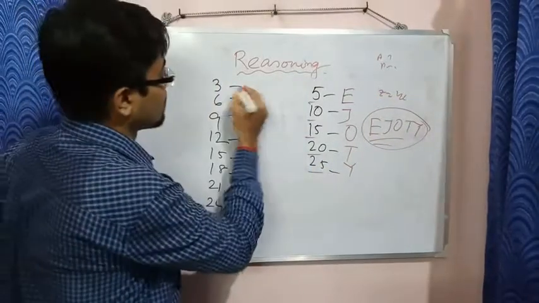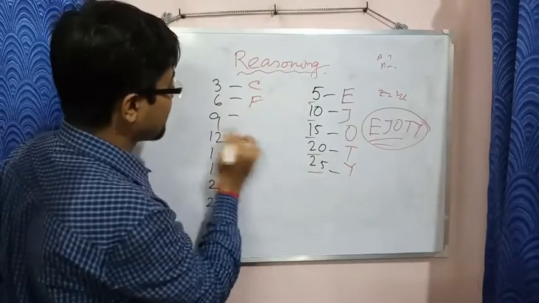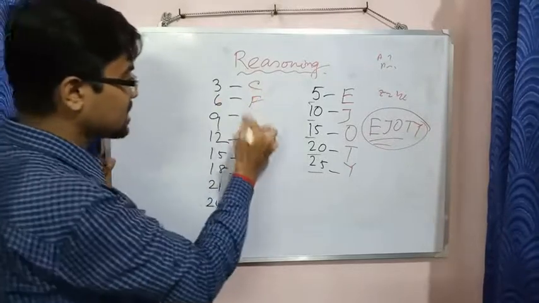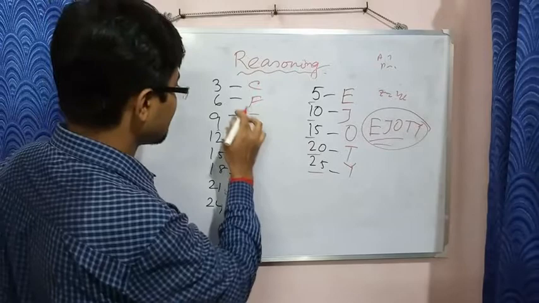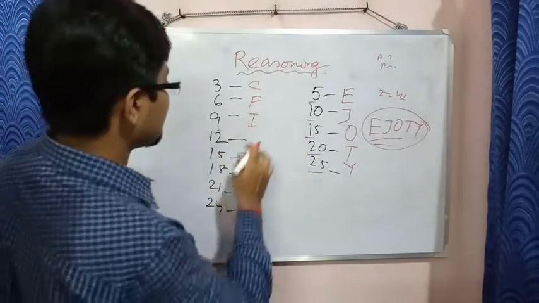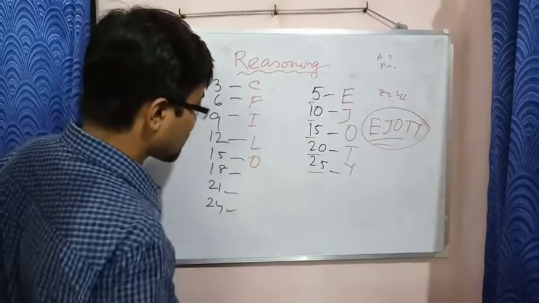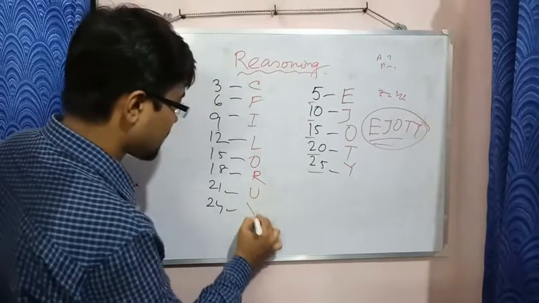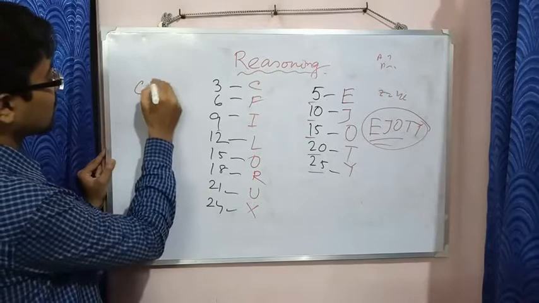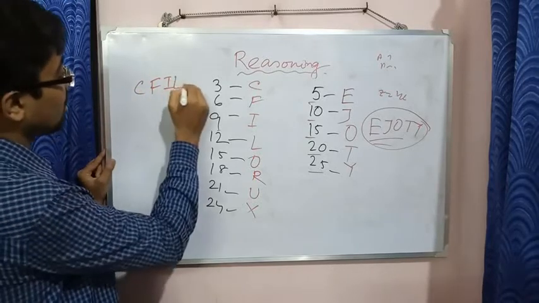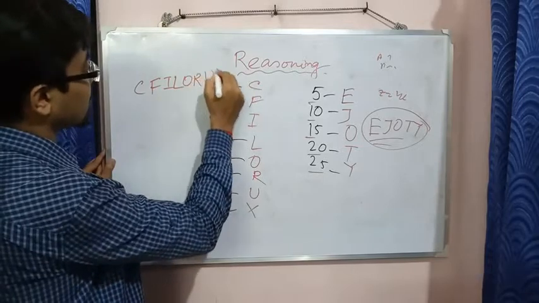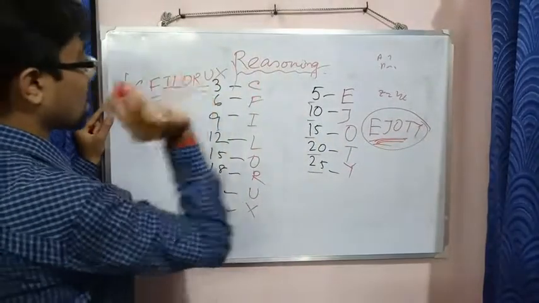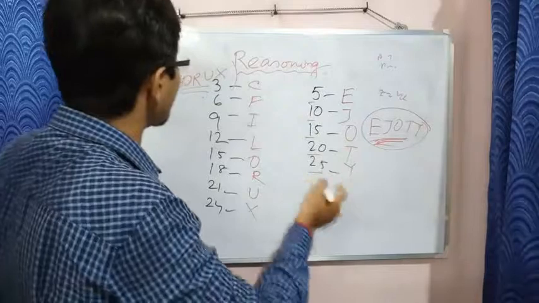And now here, 3, C, F, 9: just remember 3 is C, D, E, F, G, H, I, J, K, L, M, N, O, P, Q, R, S, T, U, V, W, X. So C, F, I, L, O, R, U, X. Just remember what I am saying: EJOTY, one word, and CFILORUX.